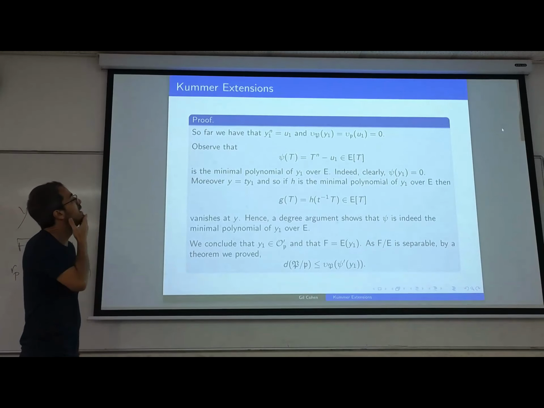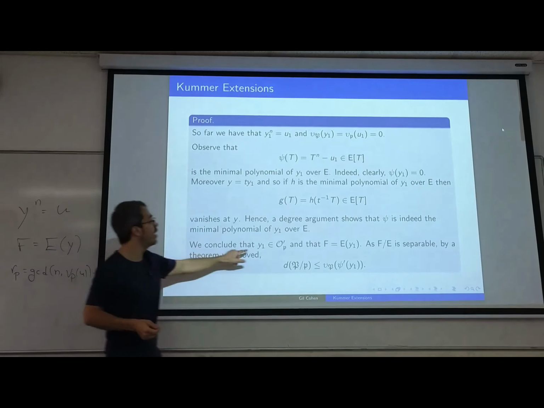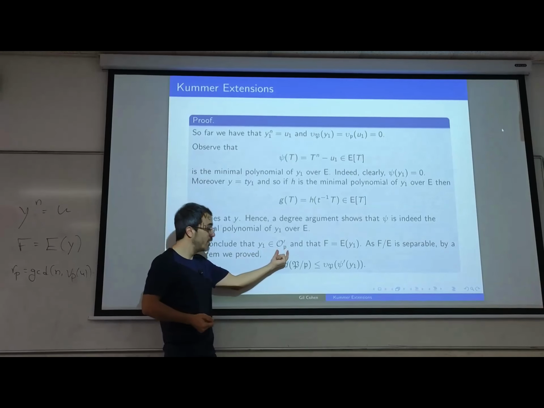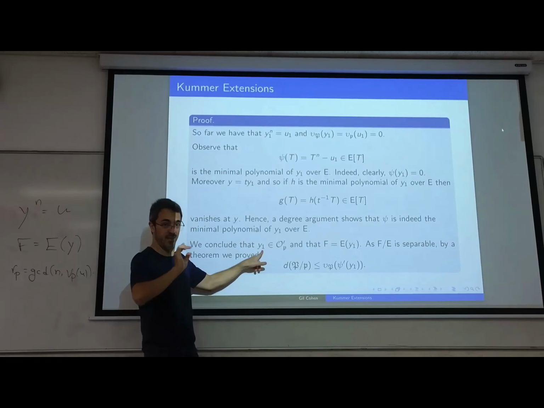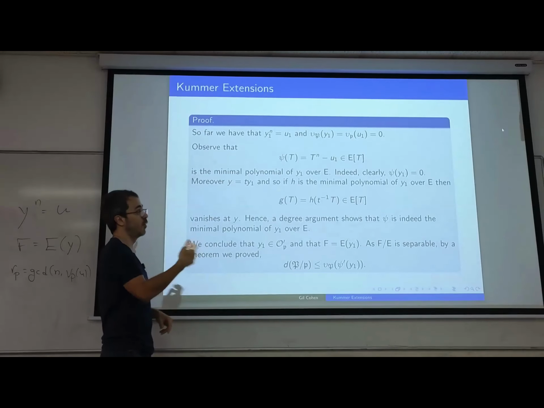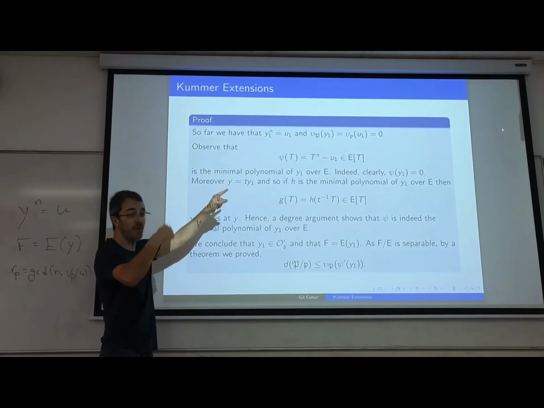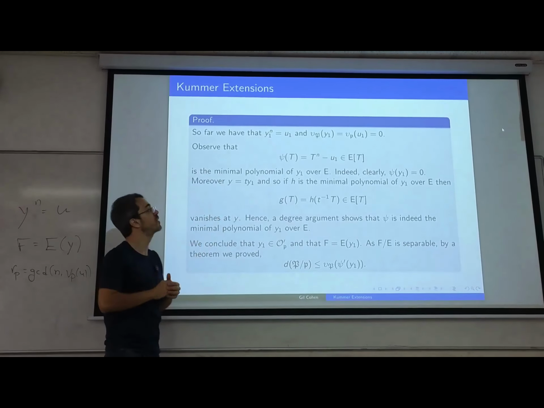And to your question, we conclude here that y1 is actually integral over OP. Not y, maybe, but y1. What's the reason for that? It's because this is its minimal polynomial, t to the n minus u1. And u1, because of what we did, is integral over OP, because its small p valuation is 0. So in all of the extensions, it's also going to be 0, because it's the ramification index times that.